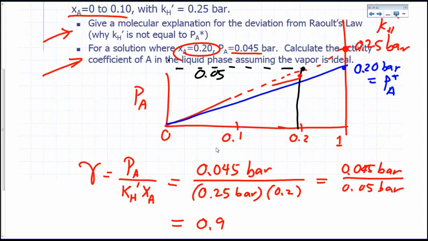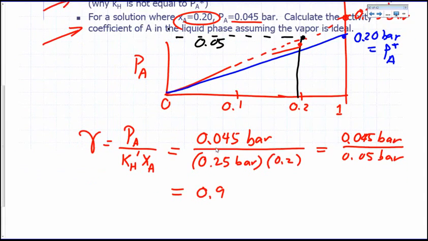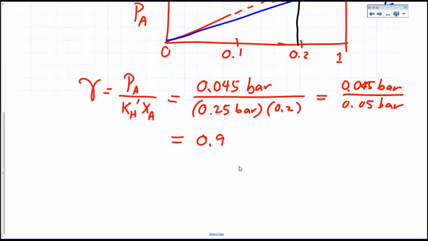What would be the activity coefficient if we were going to base it on Raoult's law? Then in this case, gamma, based on Raoult's law, would be P sub A over the expected vapor pressure using Raoult's law, which is going to be P star A XA. Okay?